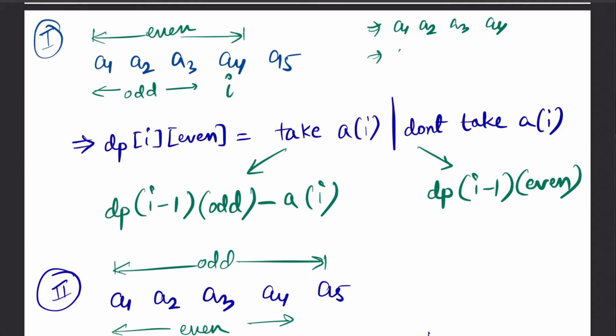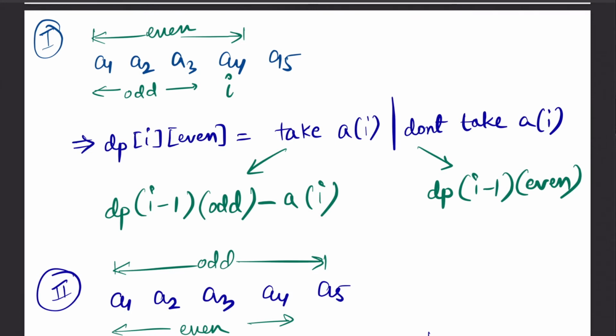That means I will first add A1, then subtract A2, then add A3, then again subtract A4. That's what alternating means, right? And if you see, at every even index we are subtracting the values. That means whenever I add something to an odd length, it will be subtracted. So that's why I take the maximum value that was possible from this odd length and I subtract my A of i from there.